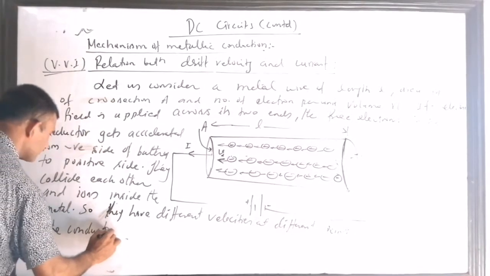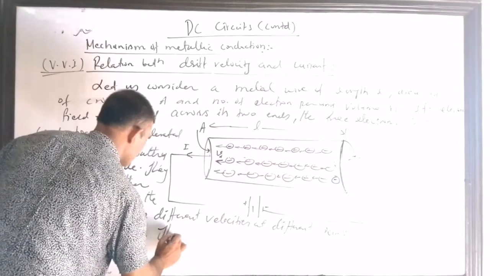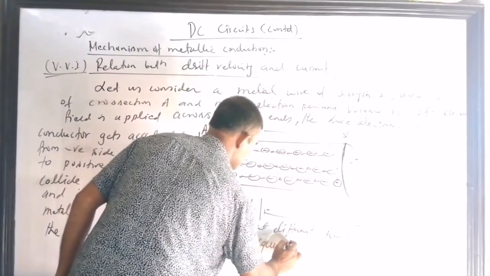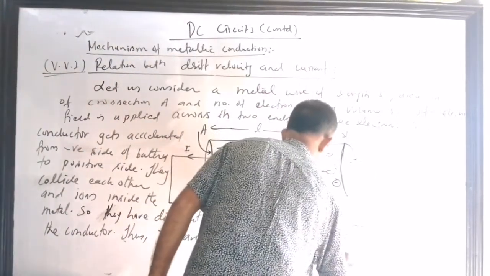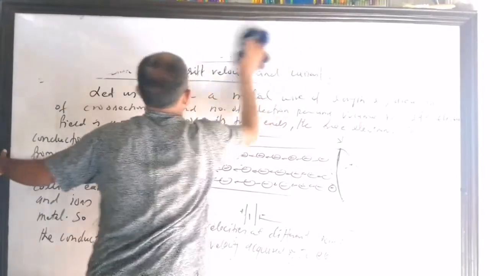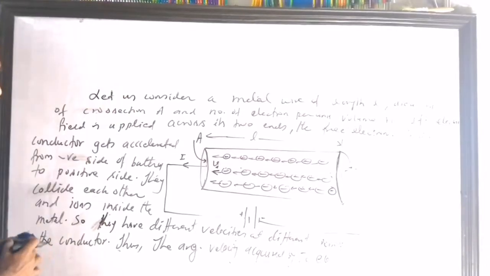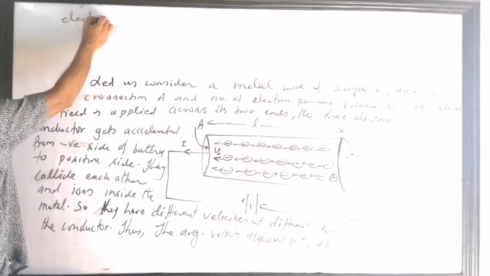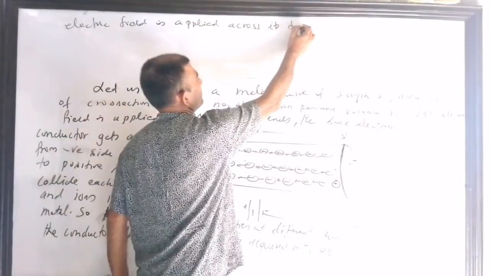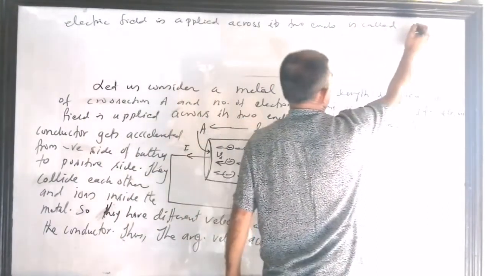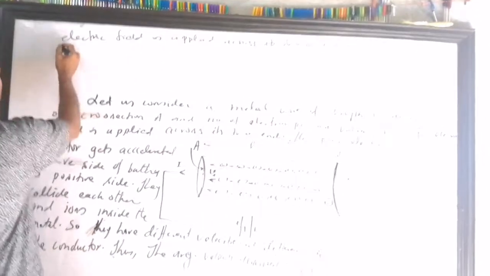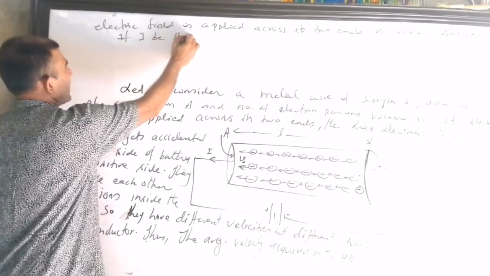Thus the average velocity acquired by the electrons when an electric field is applied across its two ends is called drift velocity. So I write up to drift velocity.